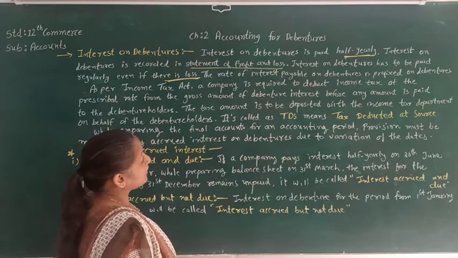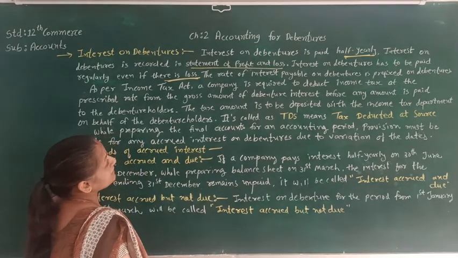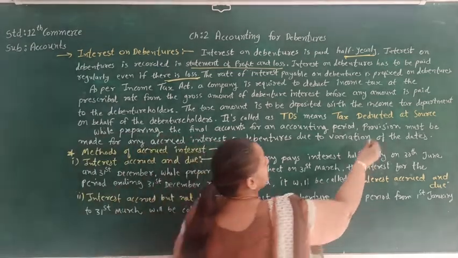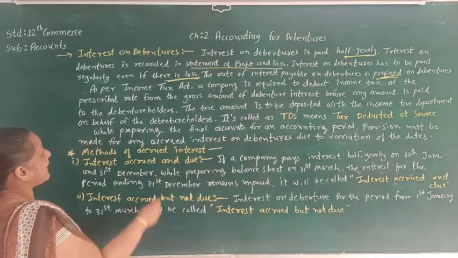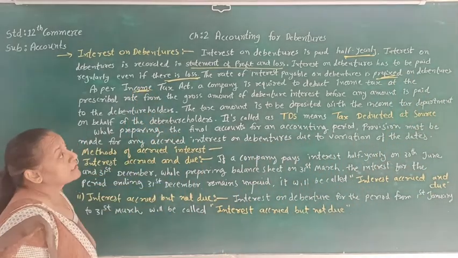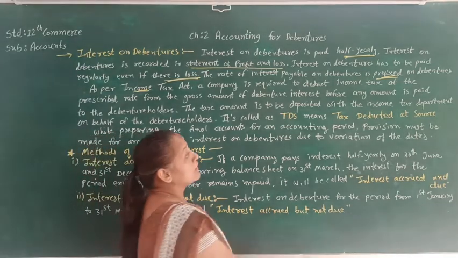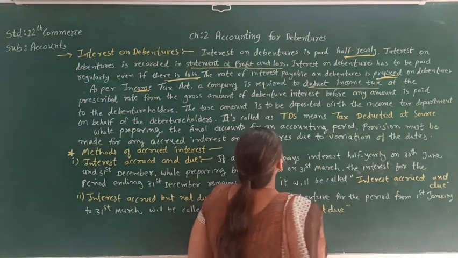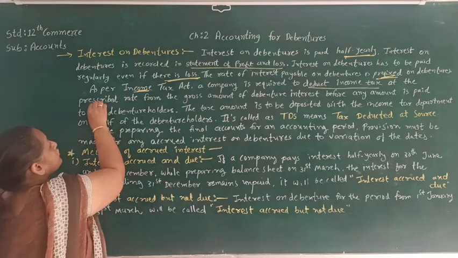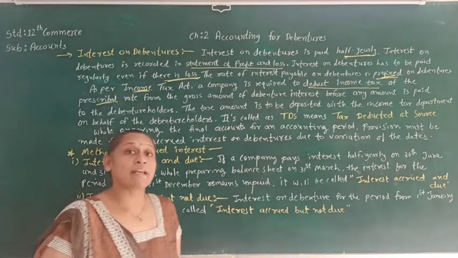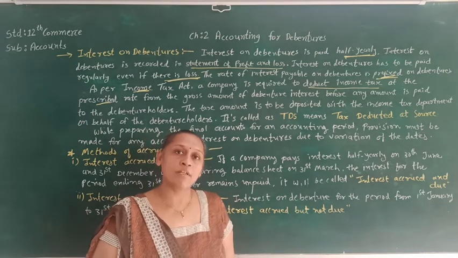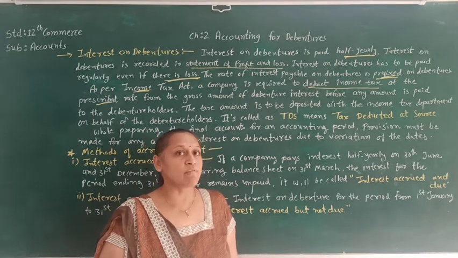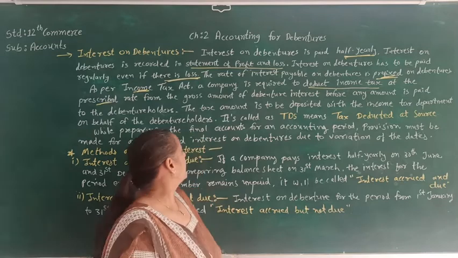The rate of interest payable on the debenture is prefixed. So it is a predetermined rate of interest on the debenture. As per the Income Tax Act, the company is required to deduct income tax at the prescribed rate. We know that the income tax rate is also prescribed, and according to that all companies are supposed to deduct the tax before paying the interest on debenture.